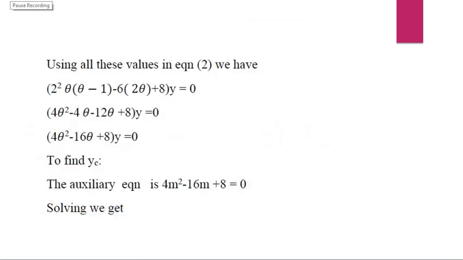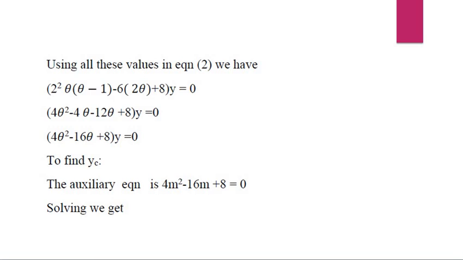Substituting all these values in equation 2, we have 2 squared into theta into theta minus 1 minus 6 into 2 theta plus 8 into y is equal to 0. After simplification, we have 4 theta squared minus 16 theta plus 8 into y is equal to 0.